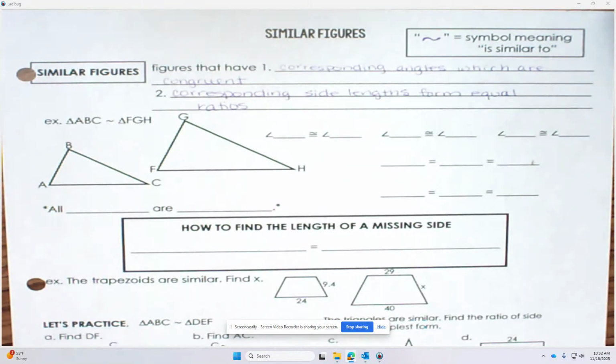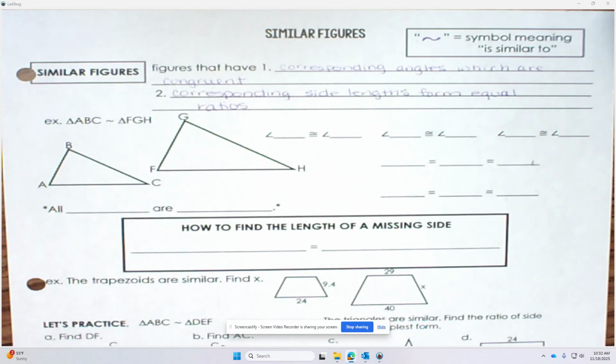Okay. So we've got 2 criteria there. Criteria number 1 is that corresponding angles are going to be congruent and corresponding side lengths are going to form equal ratios. So there's our 2. And now we're going to go into detail of what those things mean.